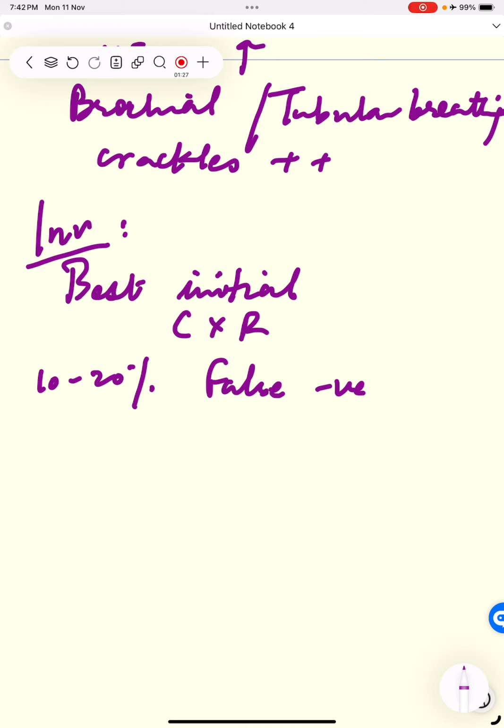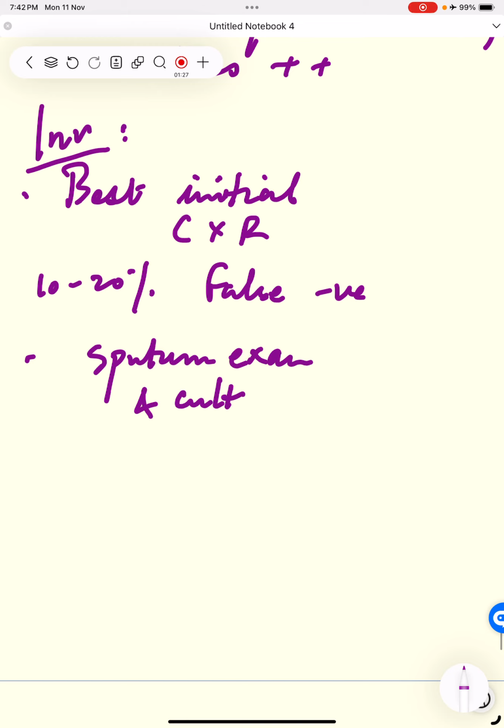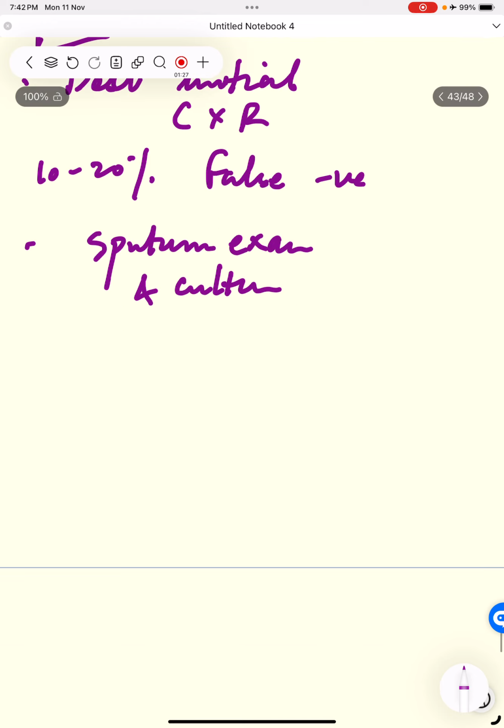So the early cases may not have opacity at all. Then you must advise sputum examination or culture of the sputum, but again the sputum should be good enough to show the adequate number of count, whether WBCs or epithelial cells, but it is helpful in specific diagnosis.